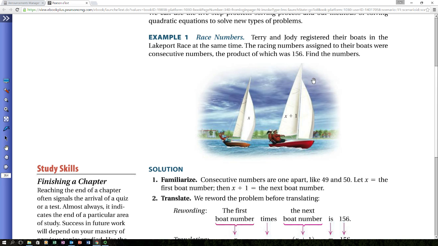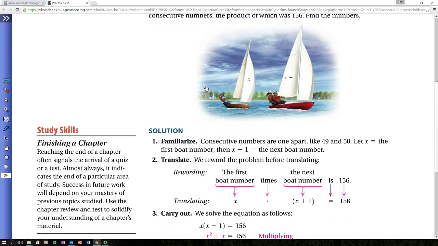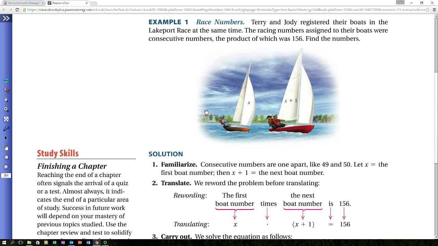In prior examples, before we dealt with quadratics, we would just try to avoid the idea of a quadratic and try to create a mathematical or an algebra situation that avoided that. Now we don't need to. So anyhow, this race they're talking about is that these two racing boats were assigned consecutive numbers. In other words, one right after the other, and then you need to remember what that means.